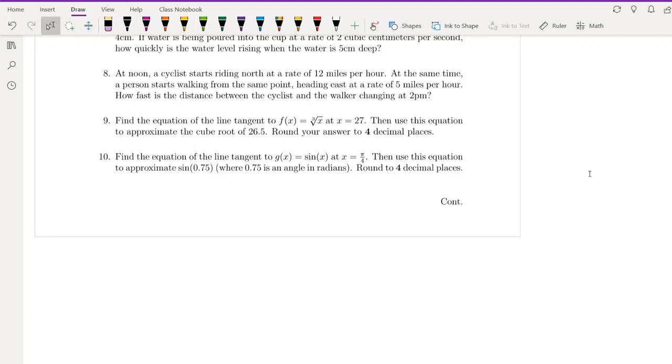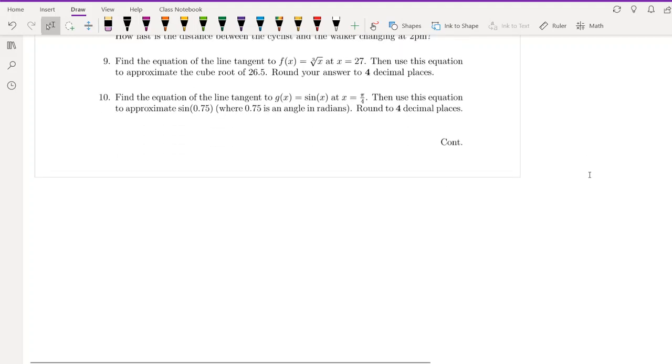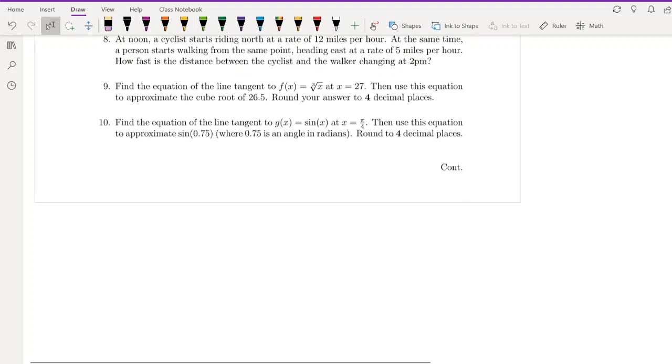So basically, we want to start by drawing a picture, right? What does this picture look like? They start from the same point, so maybe let's say that point is right here. And then we have a bicyclist, so here we have our bike.